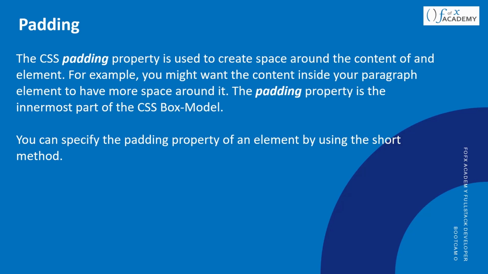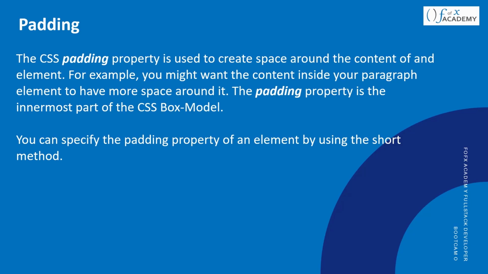Let's say you have a paragraph tag of "I am a boy", you are creating a space around that "I am a boy". For example, you might want the content inside your paragraph element to have more space around it. The padding property is the innermost part of the CSS box model. This is just a hack: padding helps you to add space inside the element.